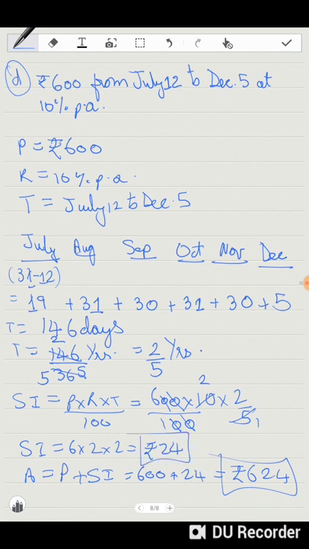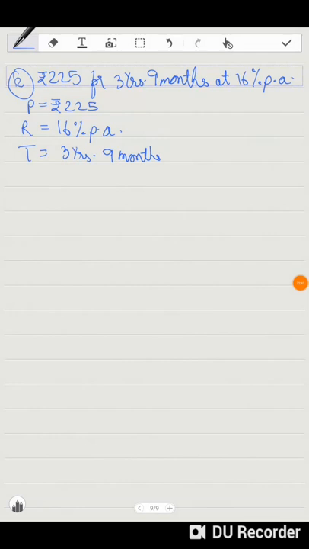Are we clear? Now in this sum, they are telling us that principal is rupees 225 for 3 years 9 months at 16% per annum. So here what is different about the sum is that time is given in both years and months. So we either convert it into years or we convert it into months, preferably years. Now we notice that the number 3 is already in terms of years. It's 9 months that we need to convert into years.